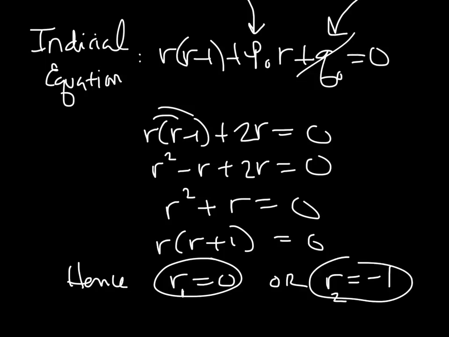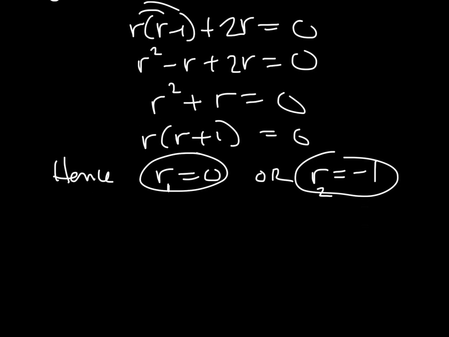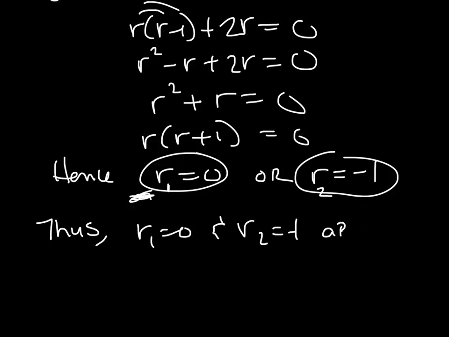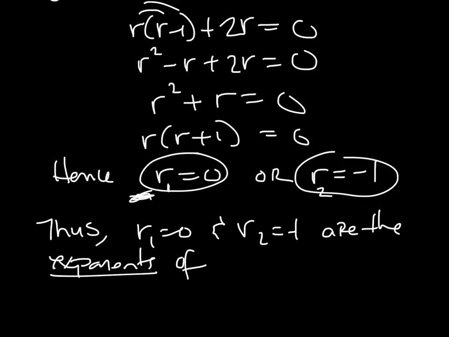So these are the exponents of the differential equation. Let me write that down. Thus r1 equals 0 and r2 equals -1 are the exponents of the differential equation at x equals 0.